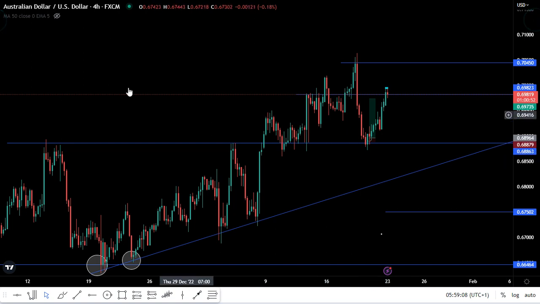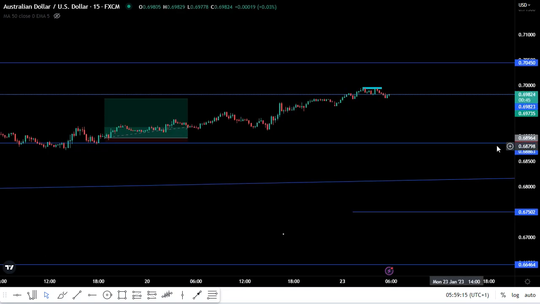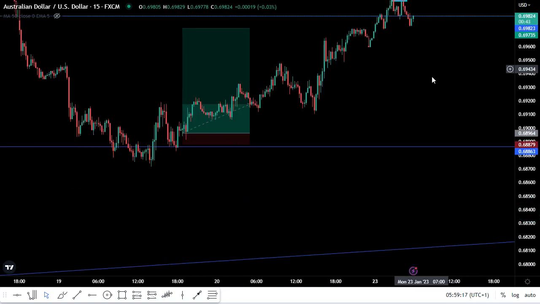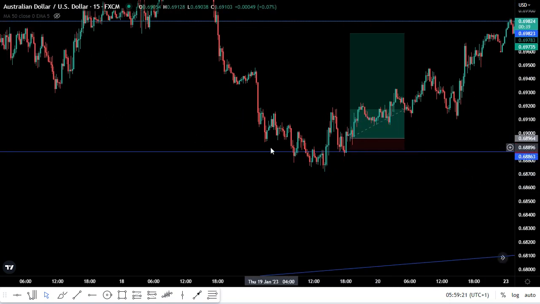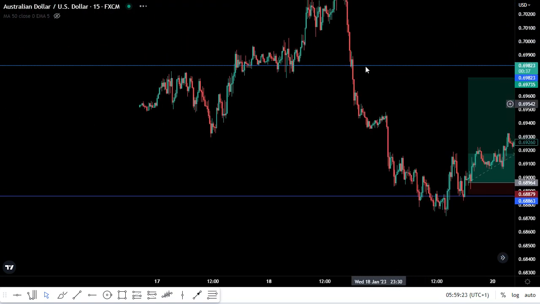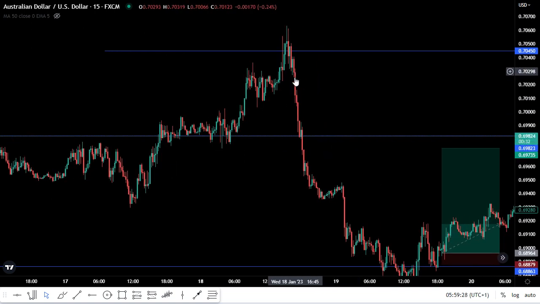Okay, so now if I switch to maybe the 15 minute time frame, let's say I'm entering my trade on the 15 minute time frame. So whatever I'm going to be doing is to check what the price is doing around my zone. So let me just start from this one. Now if you see the price broke out from here because of the impulsive move, I've explained this already.